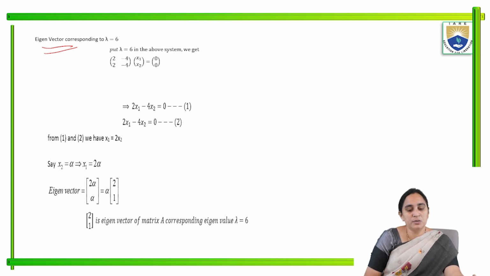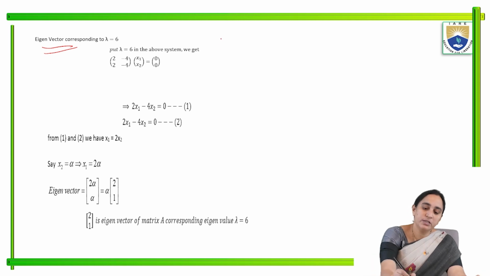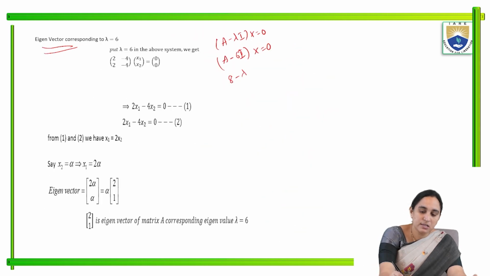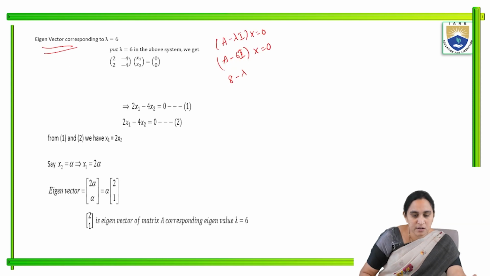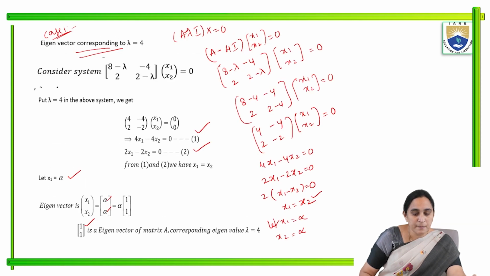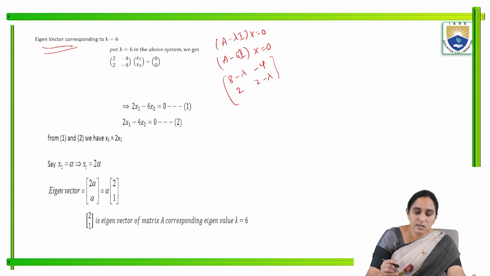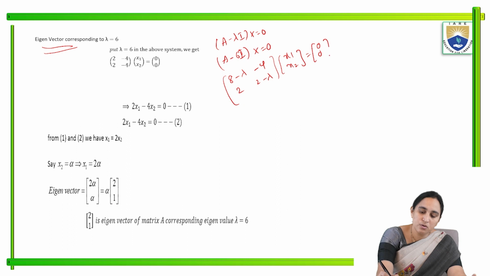Here lambda is equal to 6, and the same concept applies: A minus lambda I into x is equal to 0, with lambda value 6. The A minus lambda I matrix is 8 minus lambda, minus 4, 2, 2 minus lambda, into x1, x2 is equal to 0, 0.